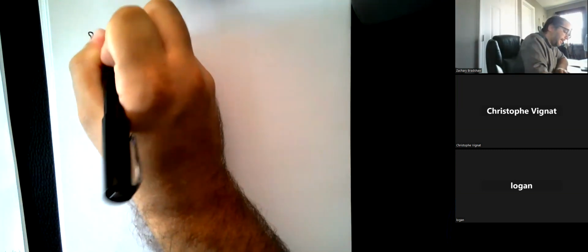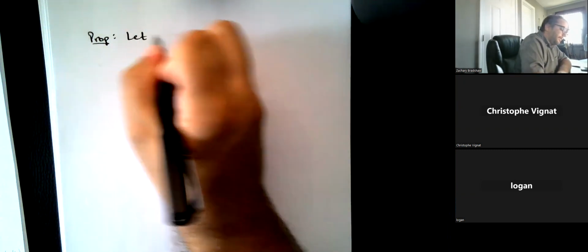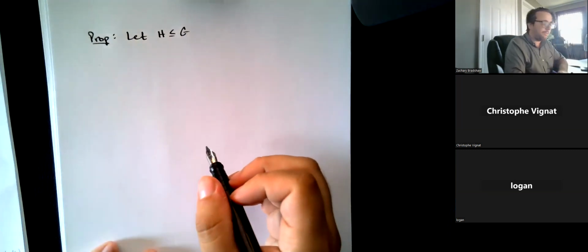So this formula I'm going to now prove is often pretty useful. Again, let H be a subgroup of G. Maybe I should just state H is a subgroup of G always.